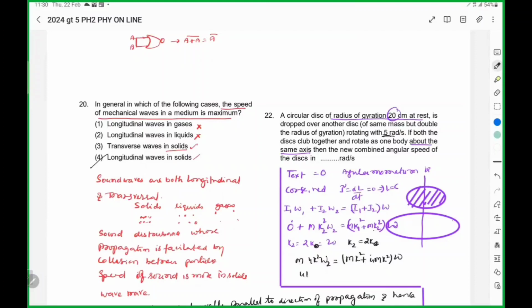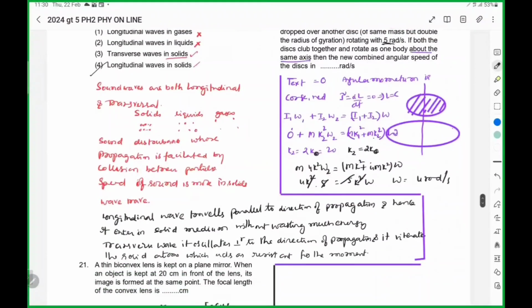So m gets cancelled, 4k square omega equals, which is given 5 radians, which is 5m, m anyhow gets cancelled out, 5k square omega. So both the disks move with an angular speed 4 radians per second.